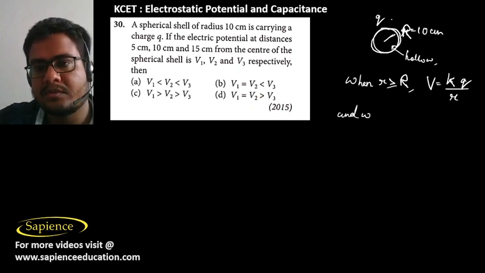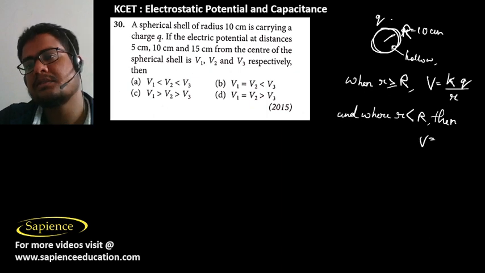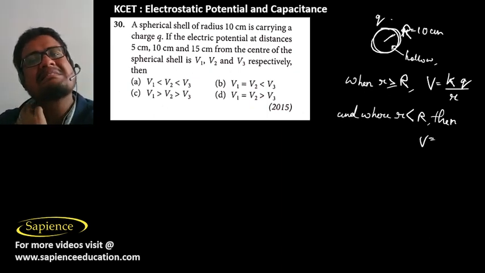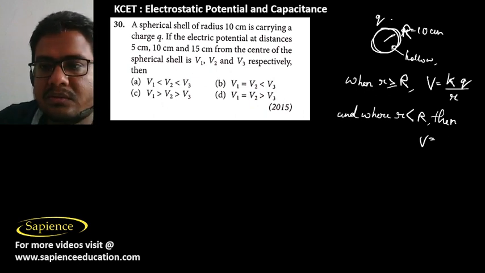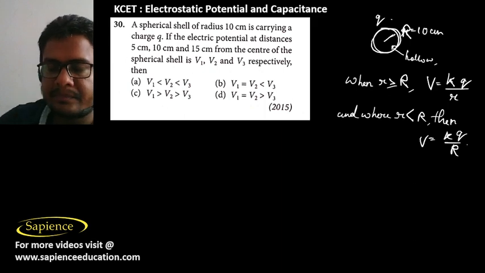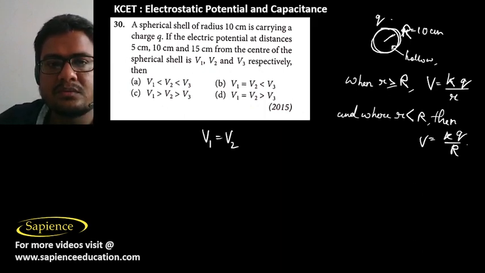And when r is less than R, then V is given as KQ by R, for the spherical shell. So it means that V1 will be equal to V2.